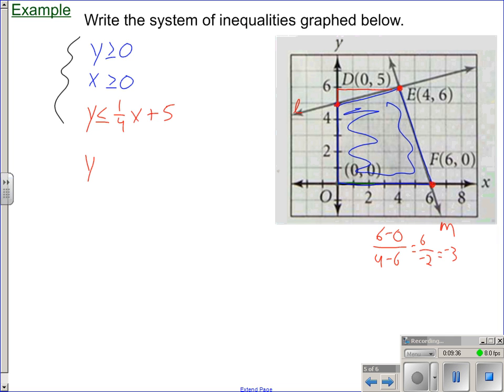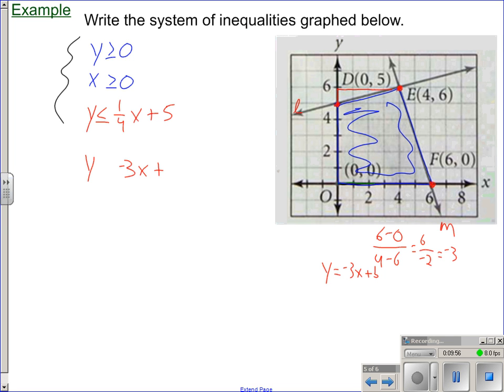So we're going to have y values, I'm holding off on the inequality sign, but negative 3x. And I don't know the y-intercept. It looks like it's going to be positive. So to get this, I'm just going to pretend it's equal for now. y equals negative 3x plus b.